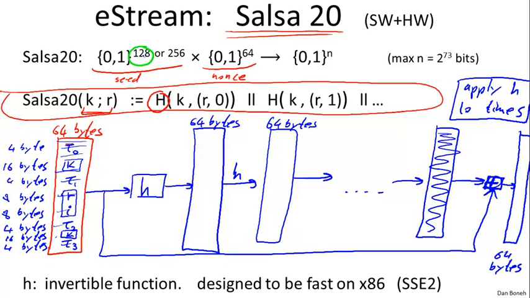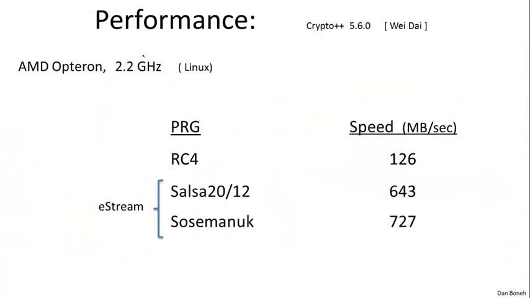I should say that the eStream project actually has 5 stream ciphers like this. I only chose Salsa because I think it's the most elegant, but I can give you some performance numbers here. These are performance numbers on a 2.2 gigahertz x86 type machine, and you can see that RC4 is the slowest because it doesn't really take advantage of the hardware.